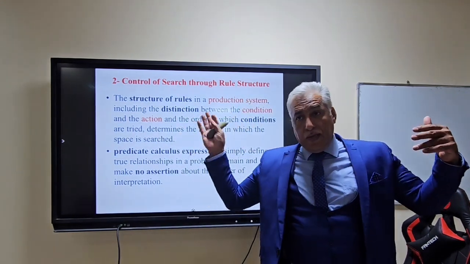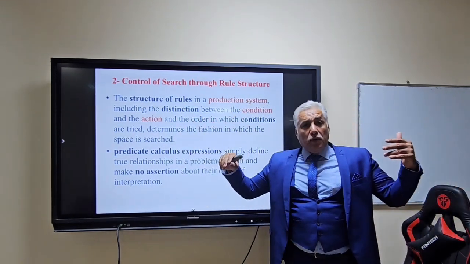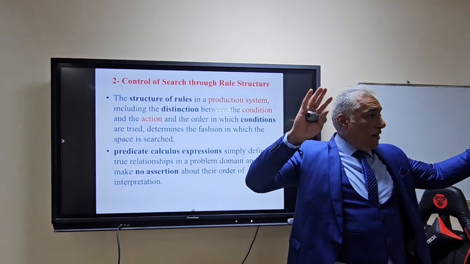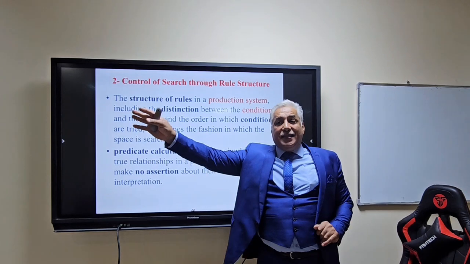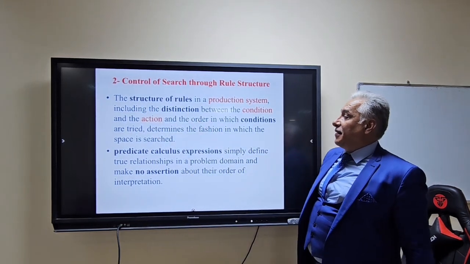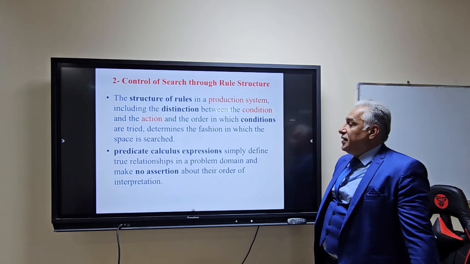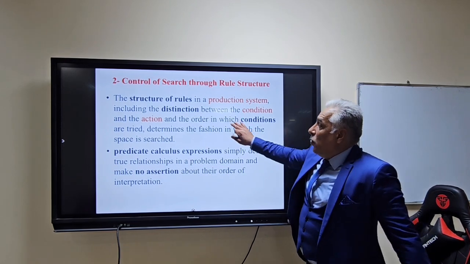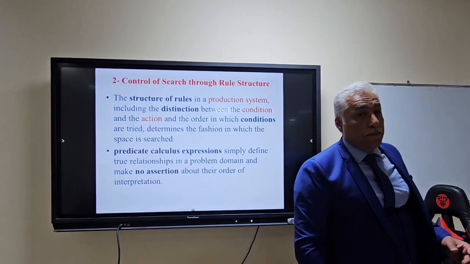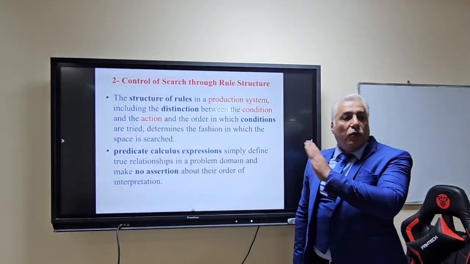As we're talking about, a rule in the production system consists of two parts. The first one is the condition, and the second one is the action. The order in which conditions are tried determines the fashion in which the space is searched. In this control, we will focus on the ordering of the rules.